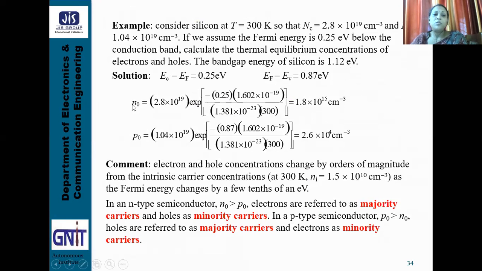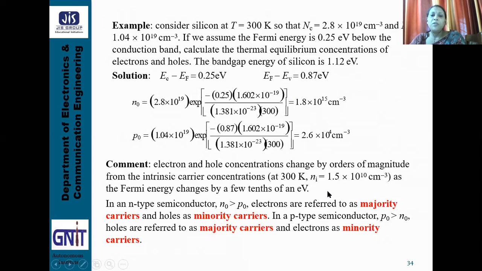If we put these in, we can calculate that the carrier concentration in the conduction band is 1.8 into 10 to the power 15 per centimeter cube, and the hole concentration in the valence band is 2.6 into 10 to the power 4 per centimeter cube. So the comment is that electron and hole concentrations change by orders of magnitude from the intrinsic carrier concentration as the Fermi level changes by a few tenths of an electron volt.